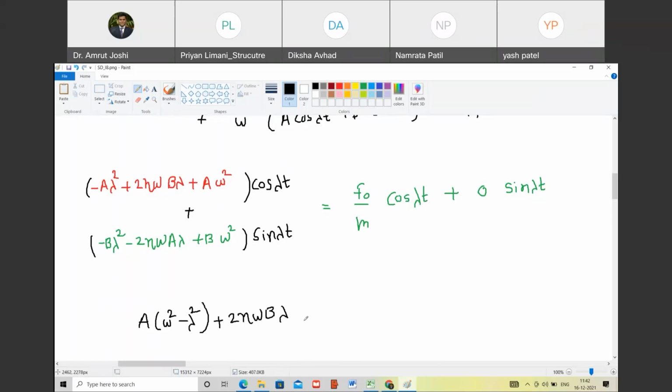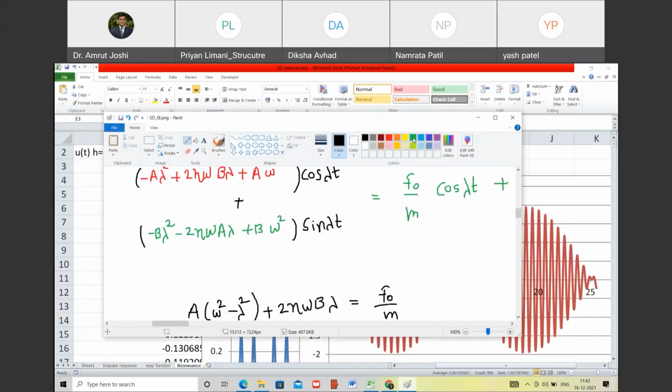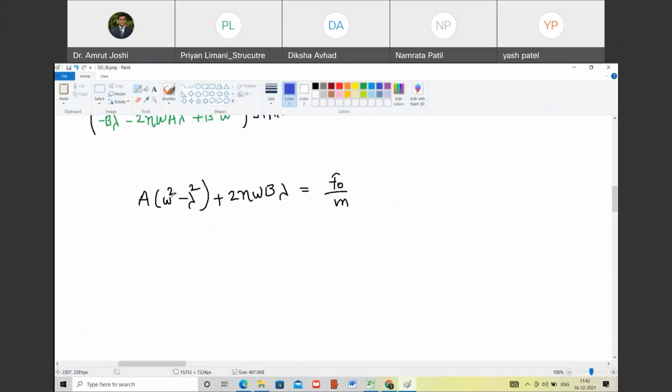Are you with me? This must be equal to f0 by m. So which are the unknowns here? A and B are unknowns. So I will mark them with different colors, so you will understand that we are solving for them. This A is unknown and this B is unknown. Are you with me? Okay, now let us move ahead.